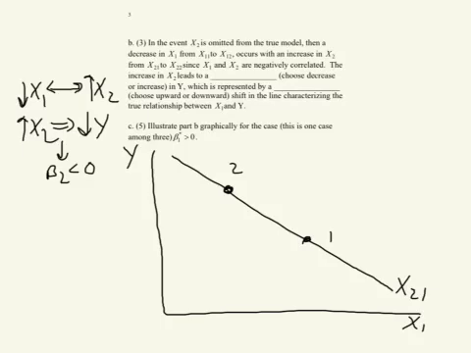So the idea is, remember that when x1 is falling, x2 is rising, and x2 is inversely related to y, so let's start from point 2. Suppose I decompose this. In addition to the effects of x1 on y, the x2 going up when x1 goes down tends to push y down.